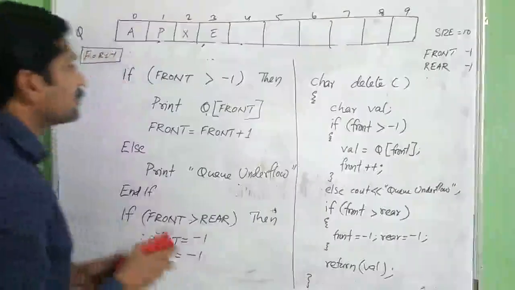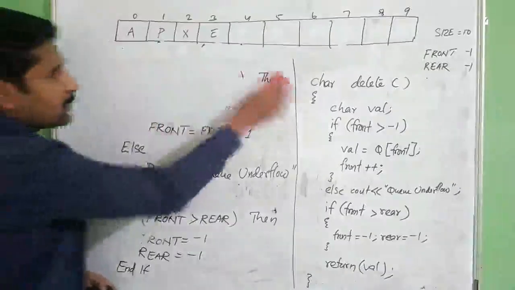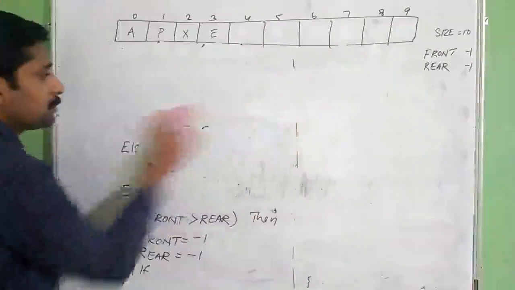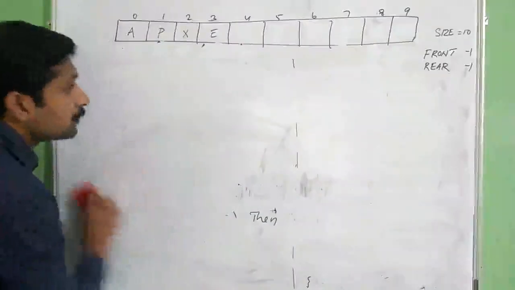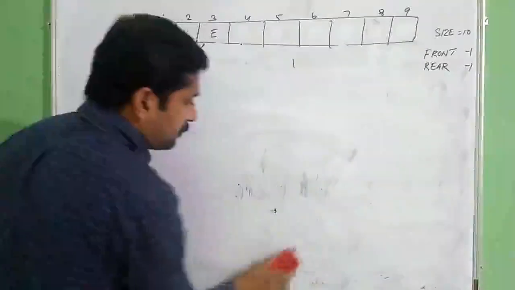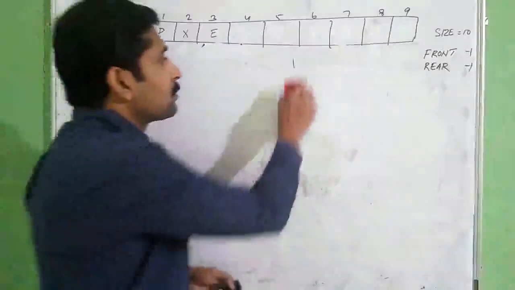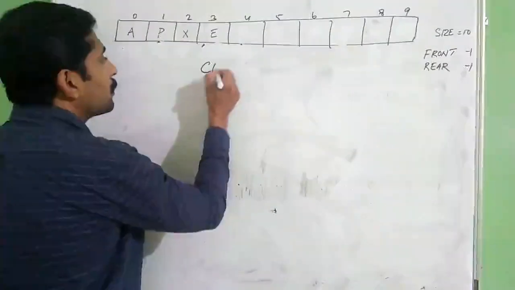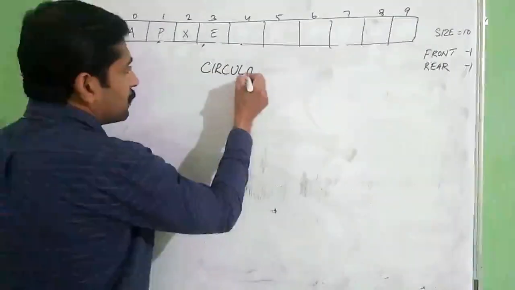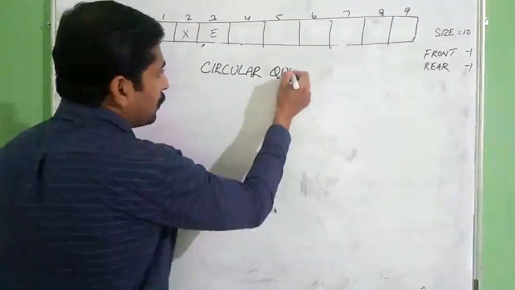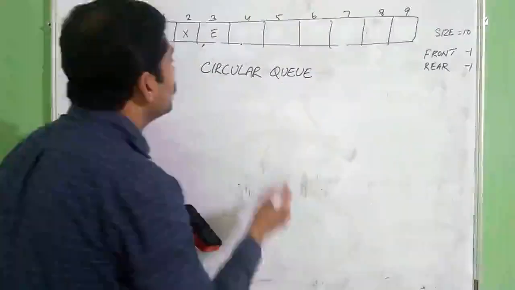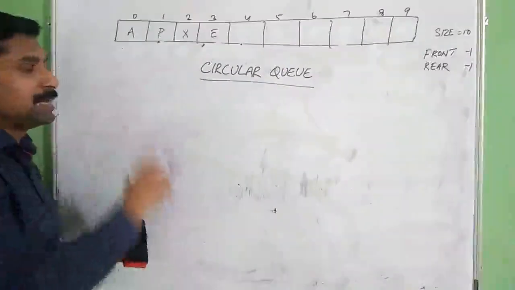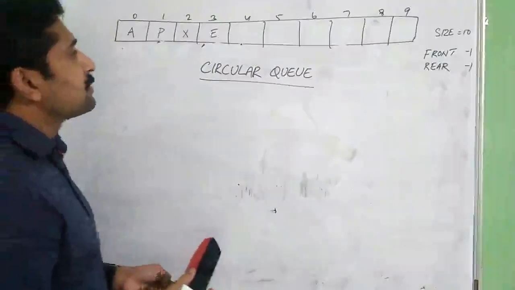Now we have one more thing in this. That is the circular queue. See, this queue implementation has a limitation.